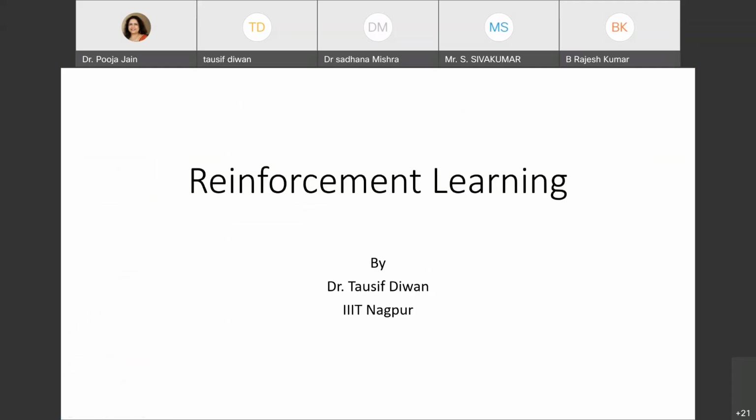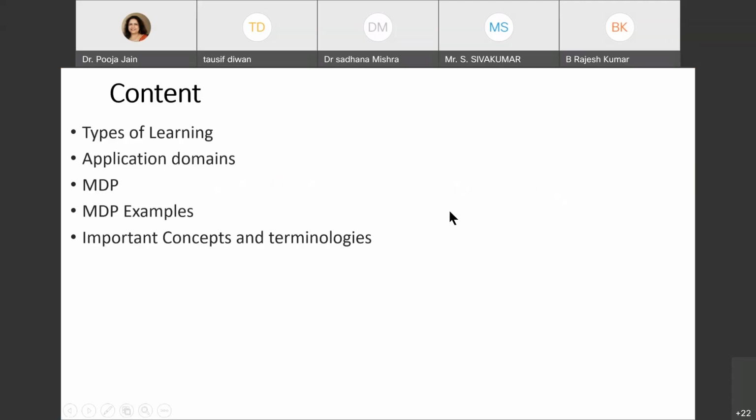Okay, so next we start with reinforcement learning. Okay, this will be the content. First of all, we will see the types of learning in brief, then the various application domains in which reinforcement learning is used.